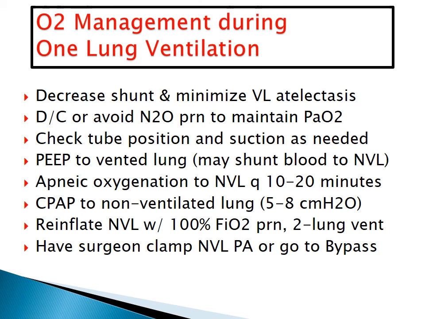Check tube position and suction as needed. So what that's basically saying is, when you have one lung ventilation going on, you can have a leak where you're pushing volume into the dependent lung, and the surgeon's complaining that the lung is moving.